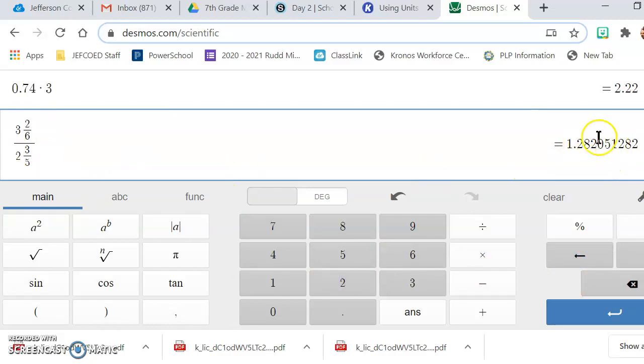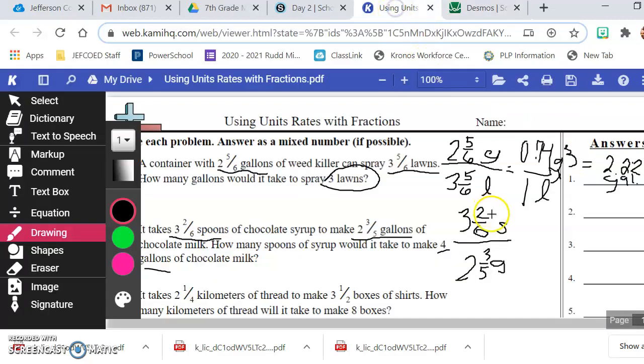Notice it goes ahead and it divides it for us, 1.282. Let's make sure we're rounding to the 100th unless it tells us otherwise. So 1.28 spoons per 1 gallon.